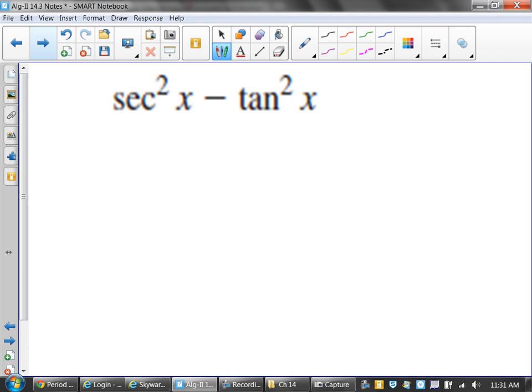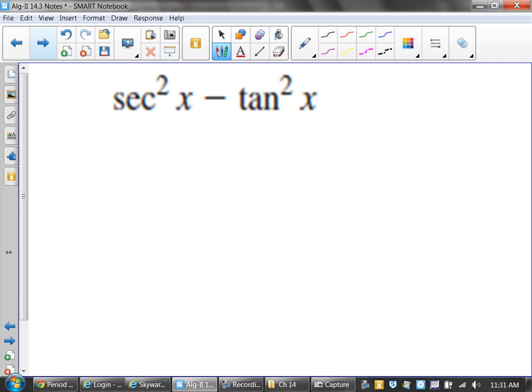We have secant squared minus tangent squared. There's no equal sign, so I can't just say equals 1. Let's rewrite this in terms of sines and cosines.